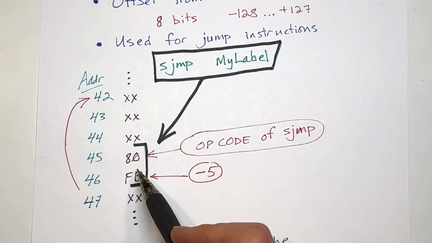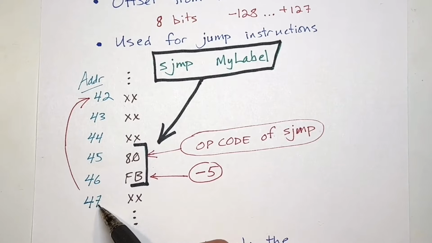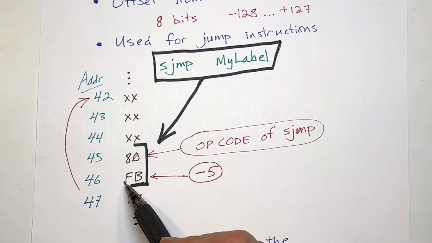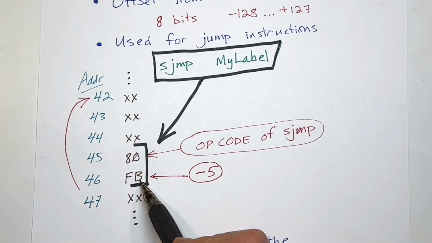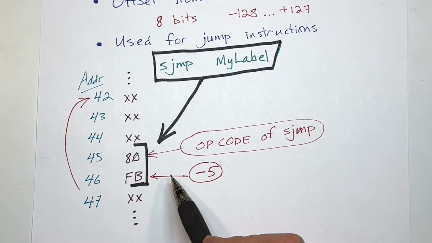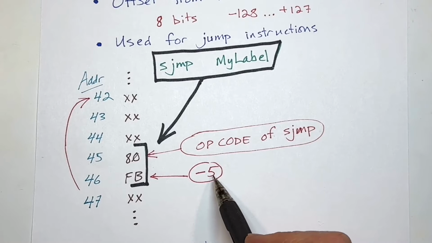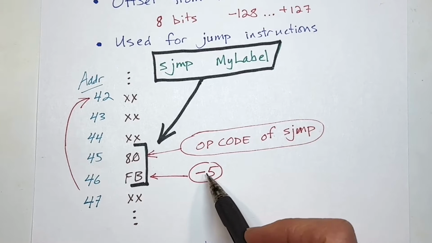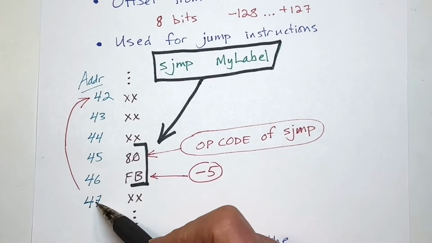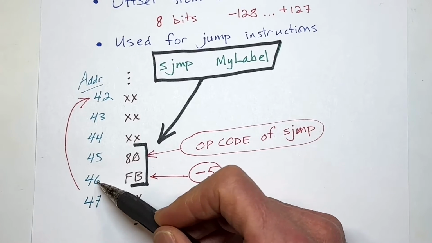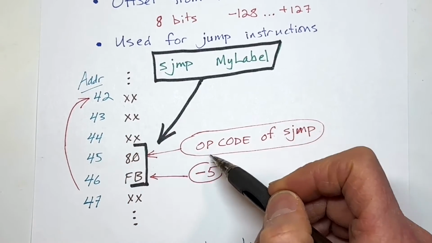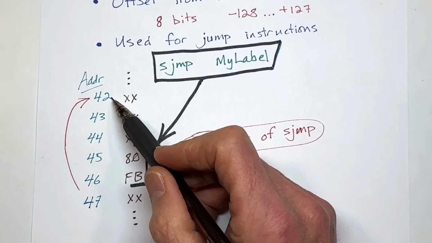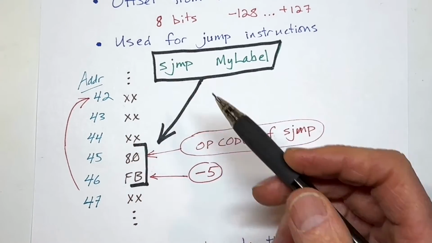So the program counter would be incremented to hex 47. And the value right here, which happens to be hex FB, is a -5 when interpreted as a signed integer. So we are jumping -5 bytes relative to this location. So 1, 2, 3, 4, 5. This jump instruction would jump to location 42.